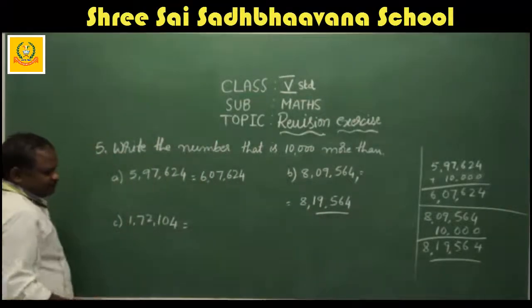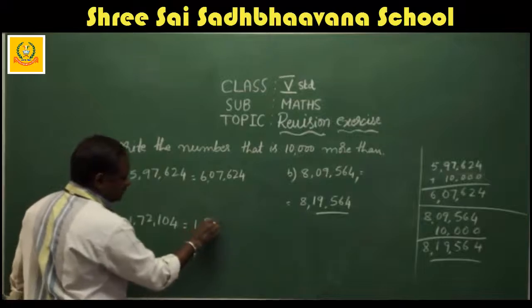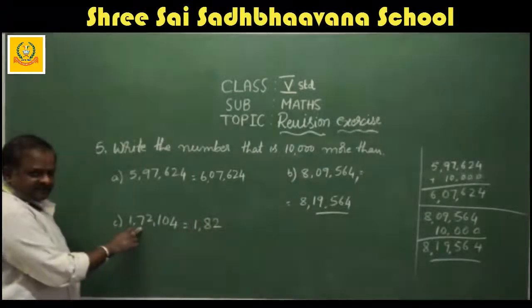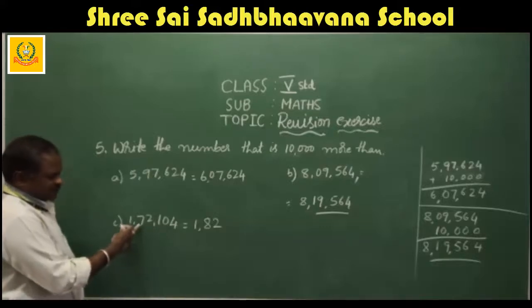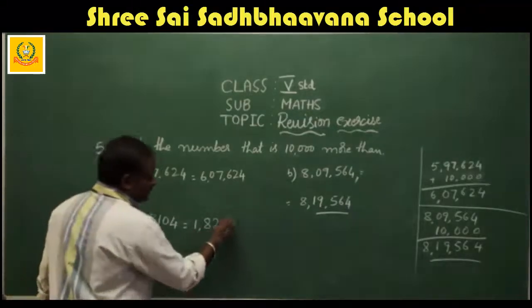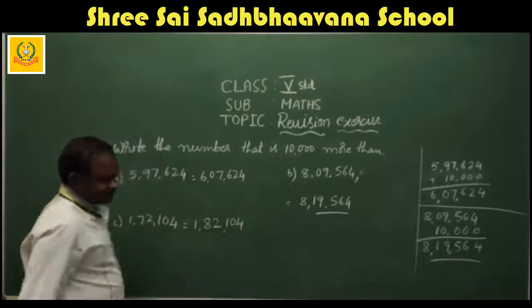When you come to here, 1,72,104. Because here is 7 in the 10,000 place, when you add it becomes 8, so 1,82,104. Correct?